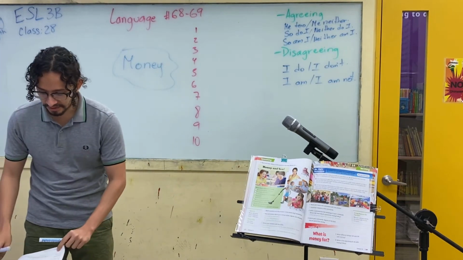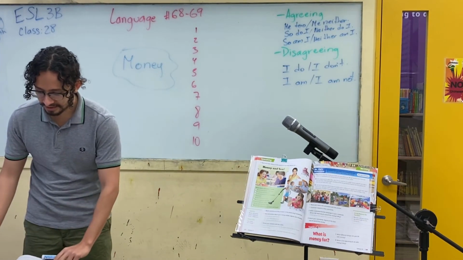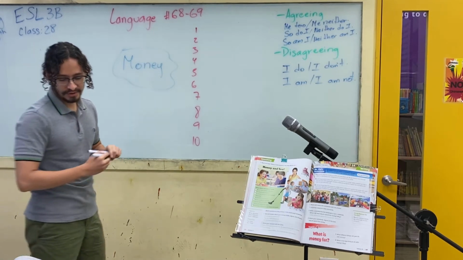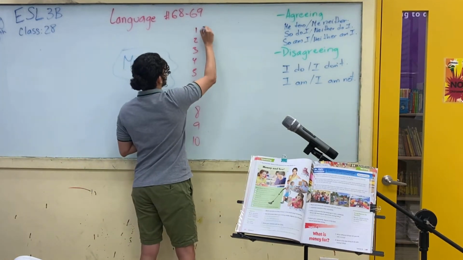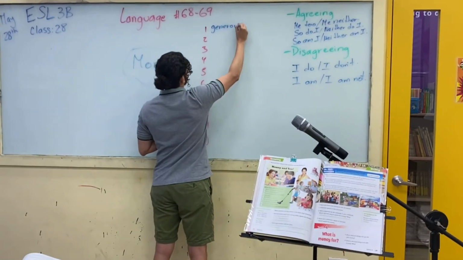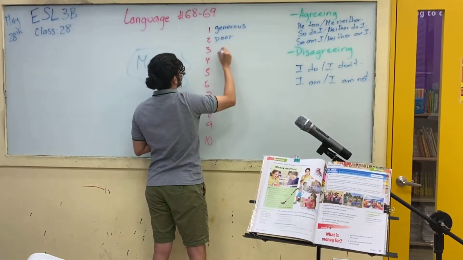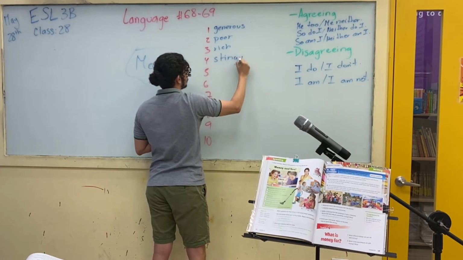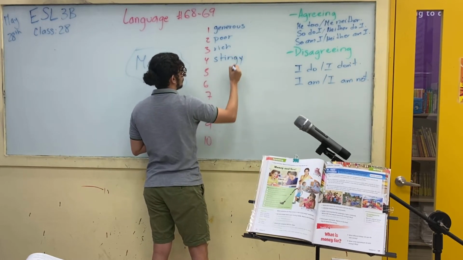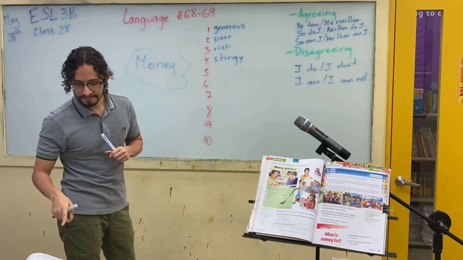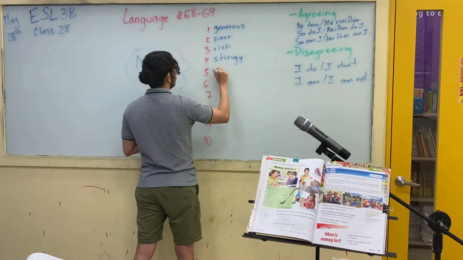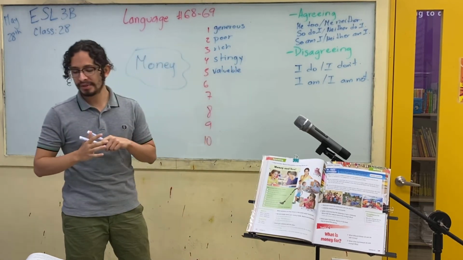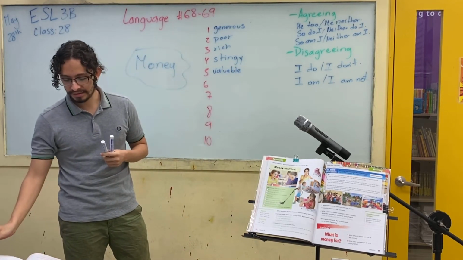So number one, we're on page 66. Generous, poor, rich, stingy. Then number five, valuable. And number six to number 10 were from page 62.